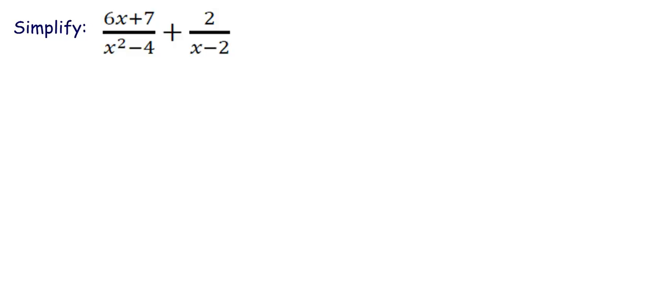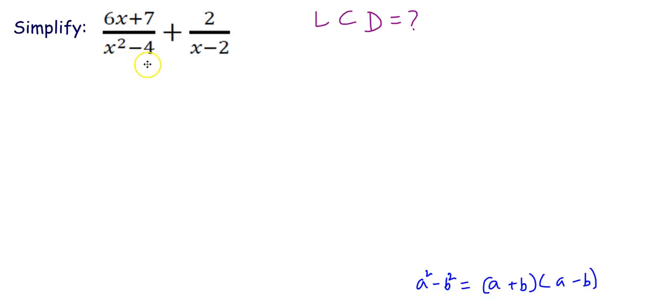So we have to find what is the LCD. The least common denominator is how much? So in order to find that least common denominator, let us find the factors of both the denominators, x square minus 4 and x minus 2.